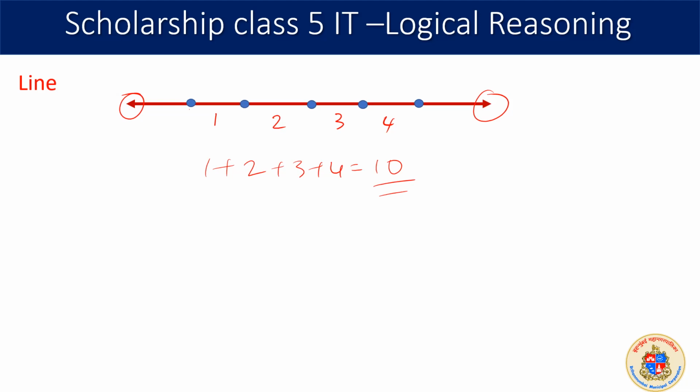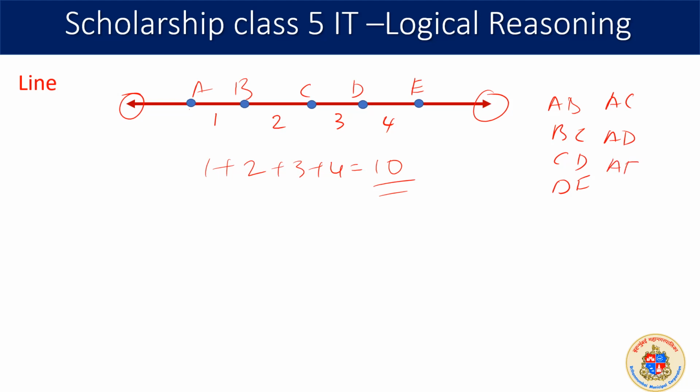10. If I name this and start writing the segments, I may write AB, BC, CD, DE, which is very evident. Then there will be AC, AD, AE.